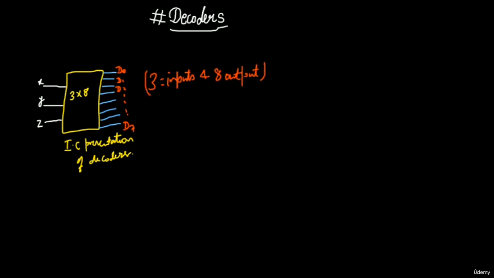So this is kind of the decoder that we use. Let's leave this for a moment and think about what a decoder is. Like I have a secret message and you need to decode it.